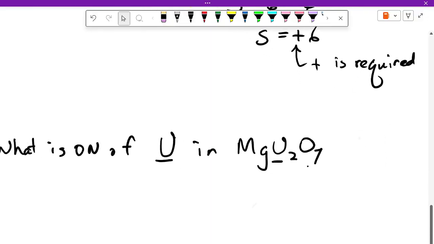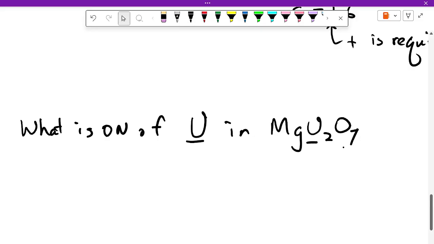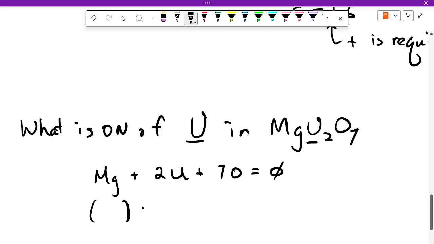Okay, let's try the U in MgU2O7. I guess it's kind of like a Cr2O7. What's the oxidation number of magnesium?